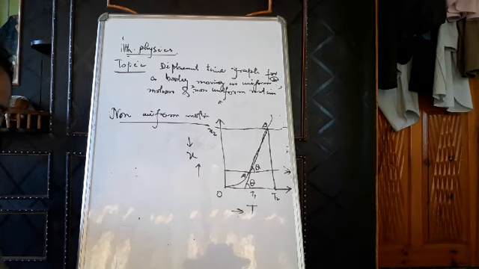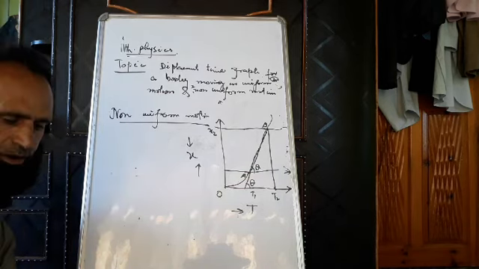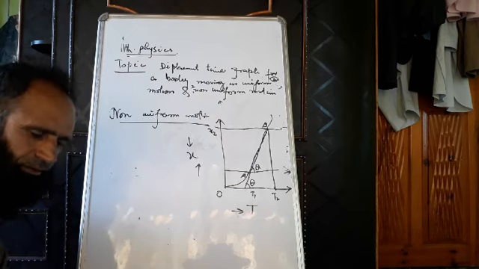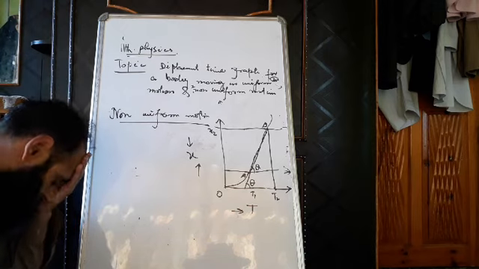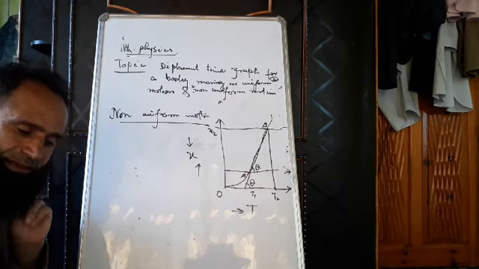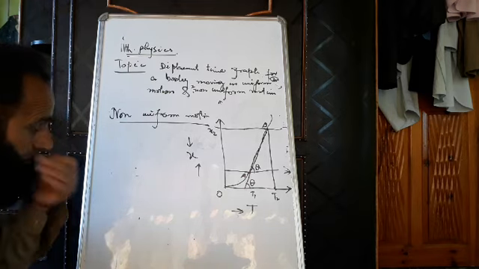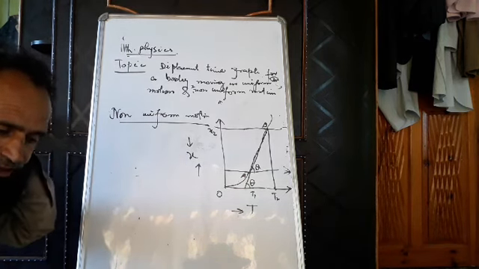We know that it's a non-uniform motion. Here the body travels equal distance in unequal intervals of time, or unequal distance in equal intervals of time. So the graph of a body moving in non-uniform motion is like this.